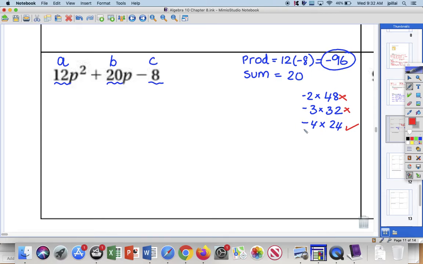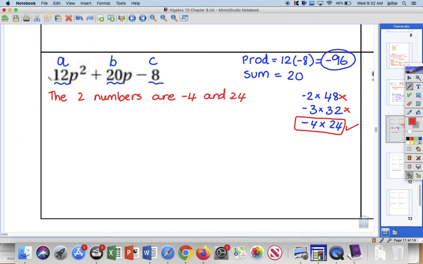So now, since we found these to be our two numbers, let's go rewrite this. So the two numbers are negative 4 and 24.